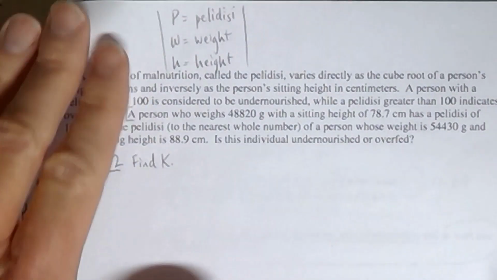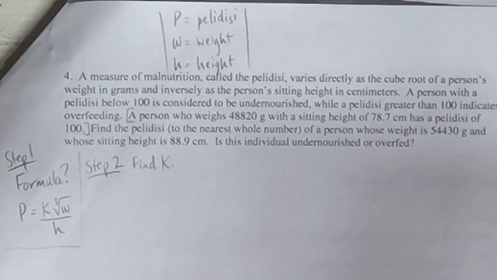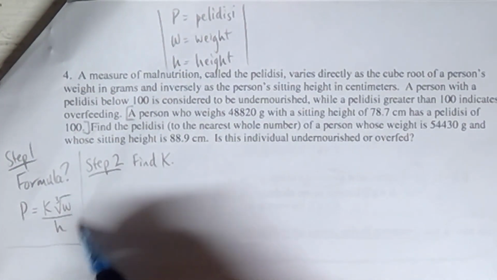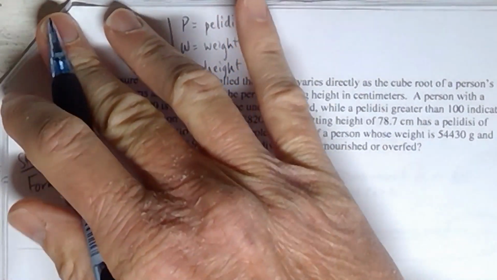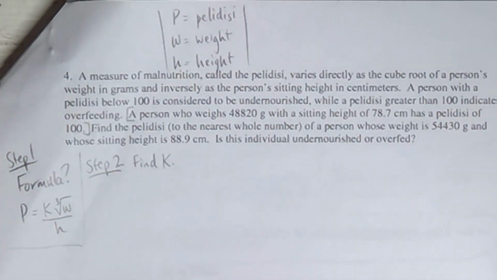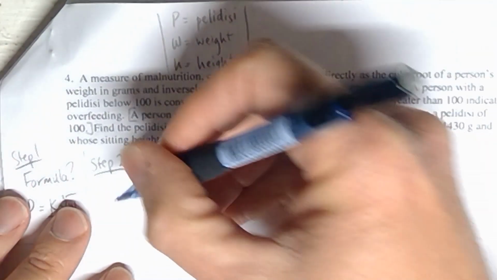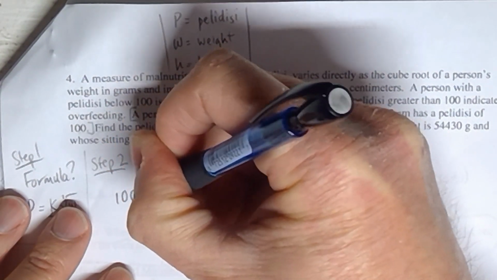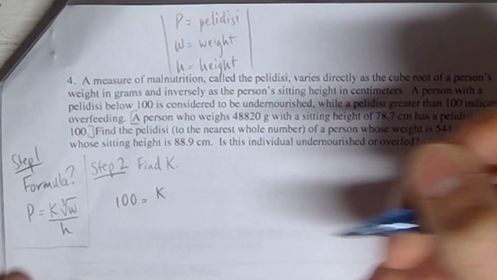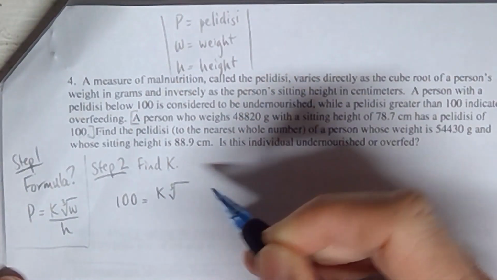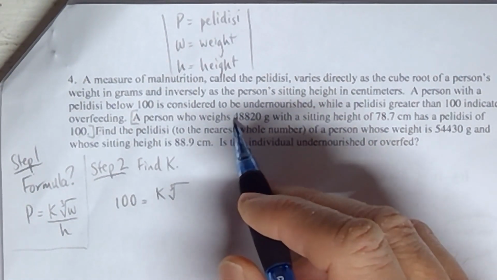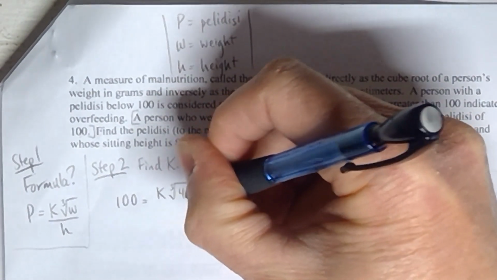Same person, therefore they all go together, and you can plug all three of those numbers into the formula at the same time. That's a perfectly accurate thing to do. It makes the equation true. So let's do that right now, and you'll see that k will be the only thing left that's a variable. We get 100 is equal to k times the cube root of, and what is the weight? 48,820.